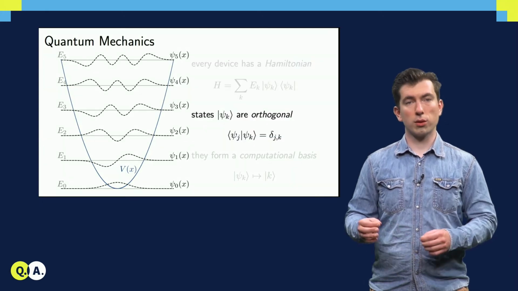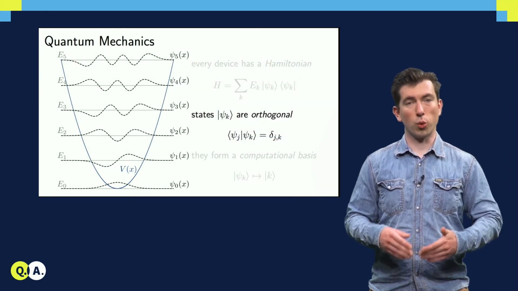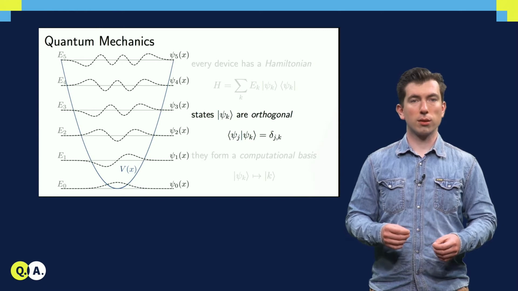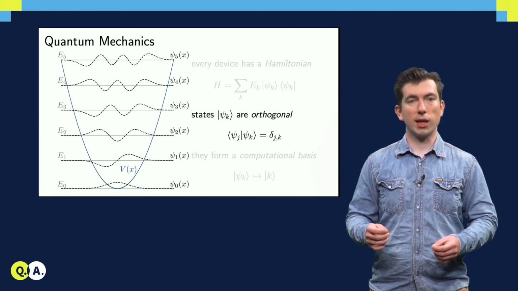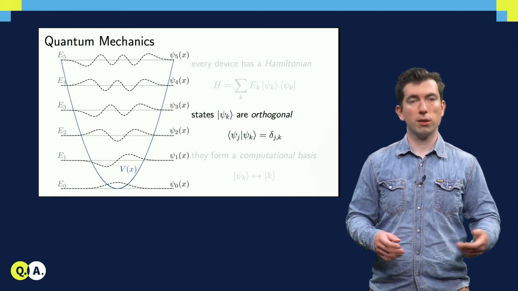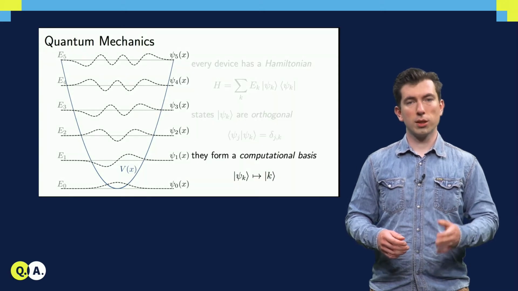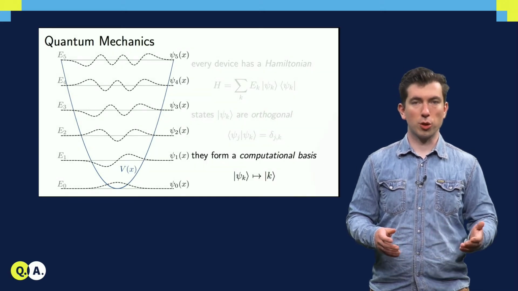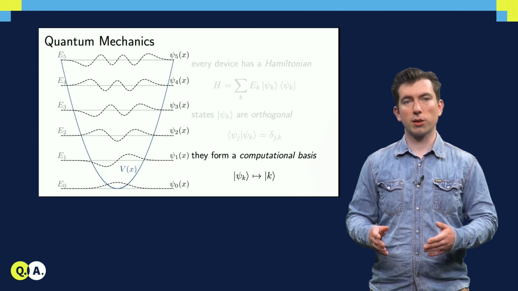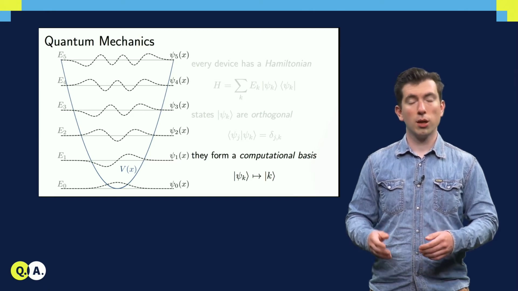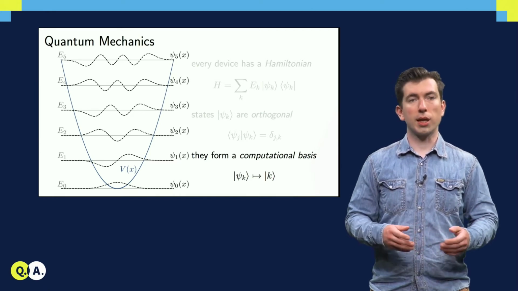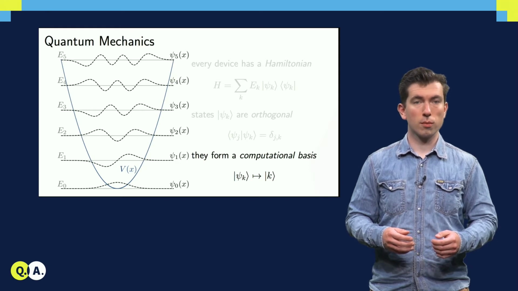These states are orthogonal and normalized, so we say that they're orthonormal, so the inner product of psi j with any psi k other than itself, psi j, is 0. This allows us to use these states as a computational basis, replacing any detailed knowledge of the wave function psi k with a simple label k that indicates which state we're talking about.